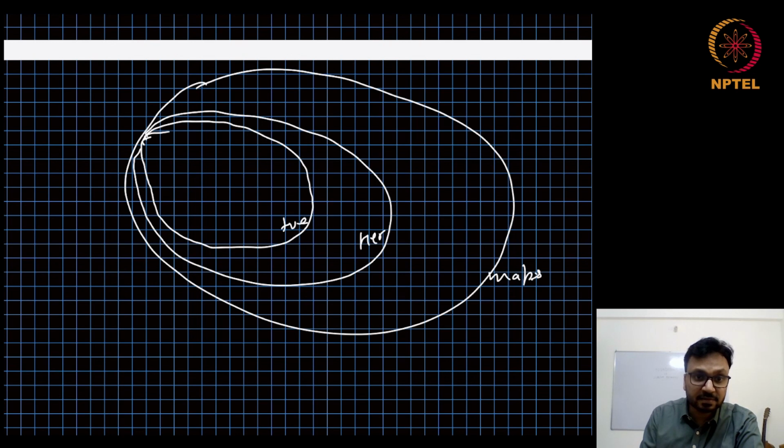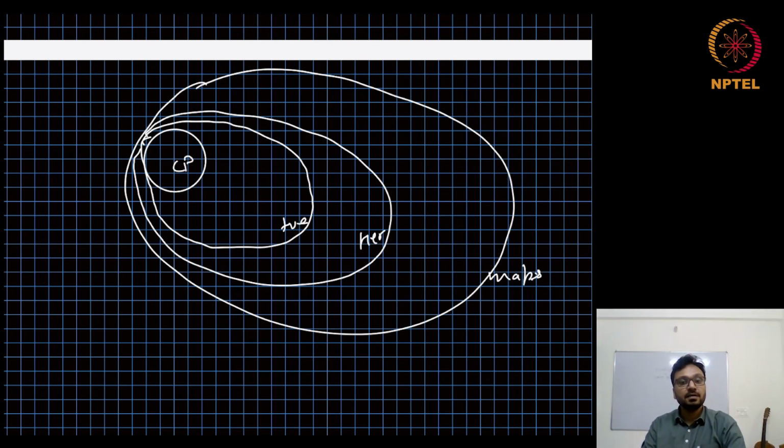And there is a further smaller subset inside it which are CP maps. So all the maps, then Hermitian maps, then positive maps, and then the CP maps.